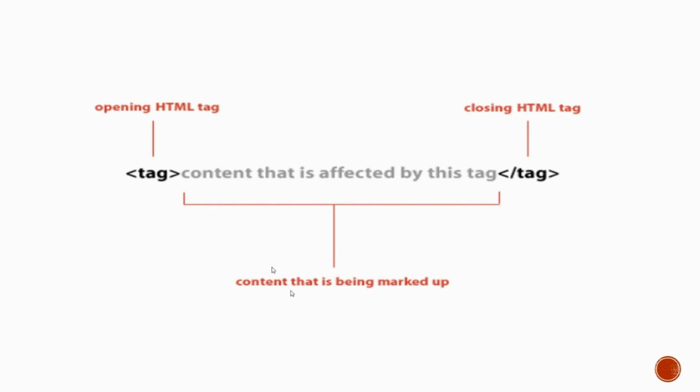Okay, how does the HTML page look like? The first content that is affected by HTML: the opening HTML tag should be written like this, and the closing HTML tag should be written like this. In the middle of those tags is the content that is being marked up.